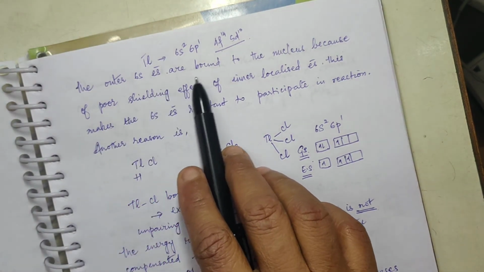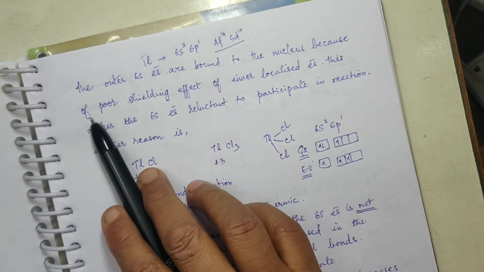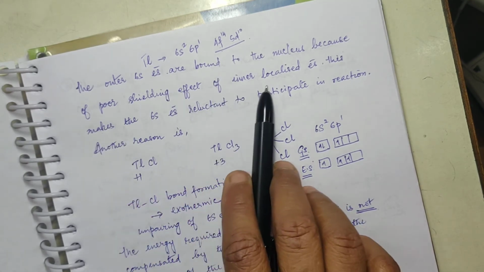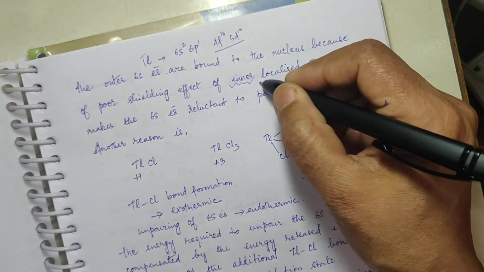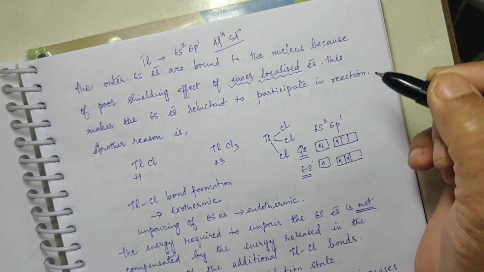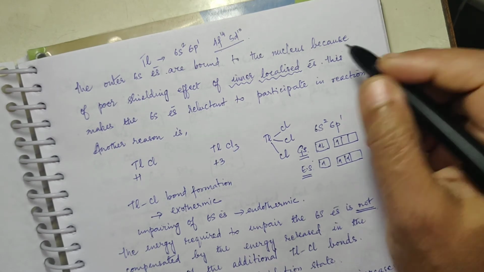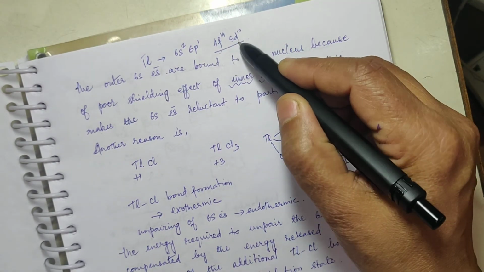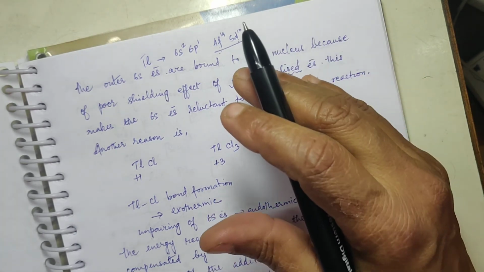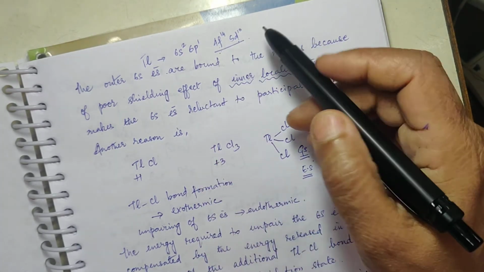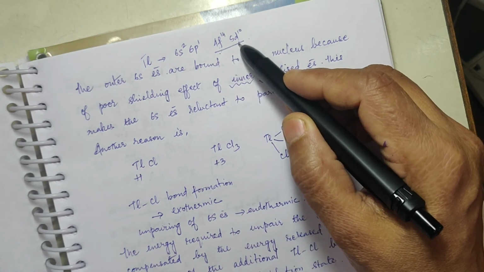So that is what is given. The outer 6s electrons are bound to the nucleus because of poor shielding effect of inner localized electrons. Now we specifically mean those orbitals which are diffused. Which are the diffused orbitals? 4f and 5d. S and p are more sharp, they provide proper shielding, whereas f and d are more diffused.